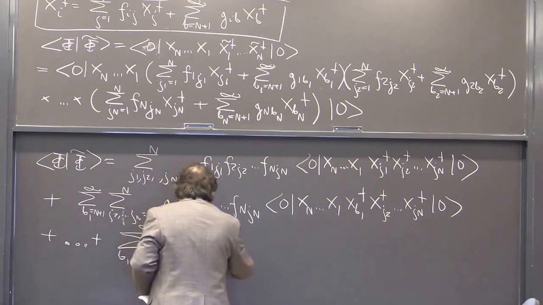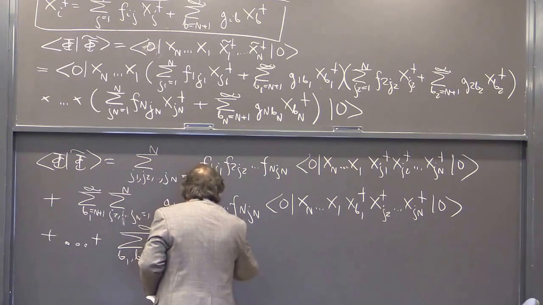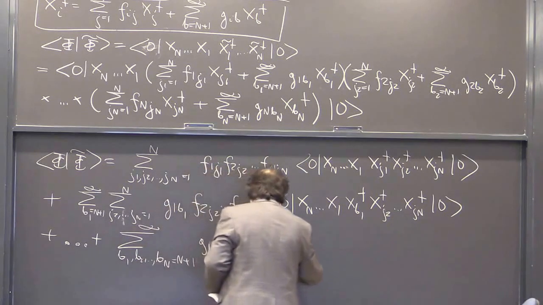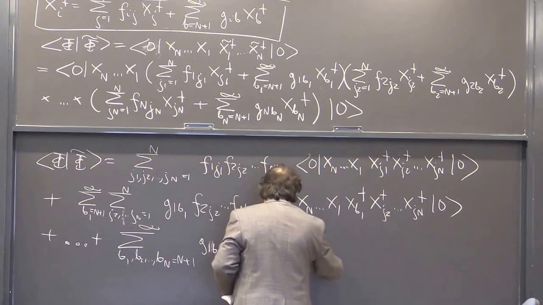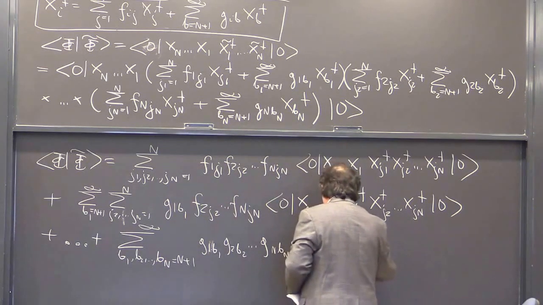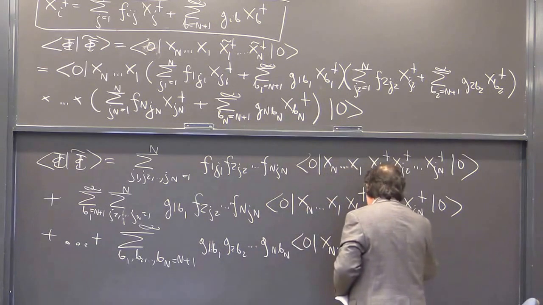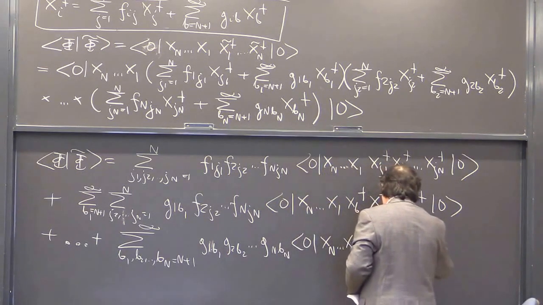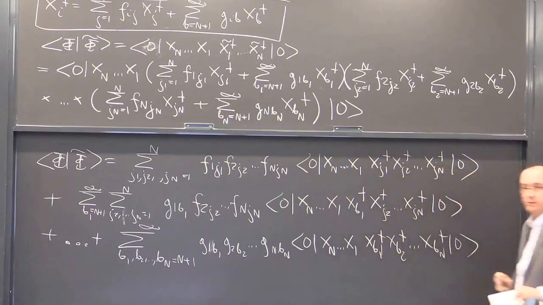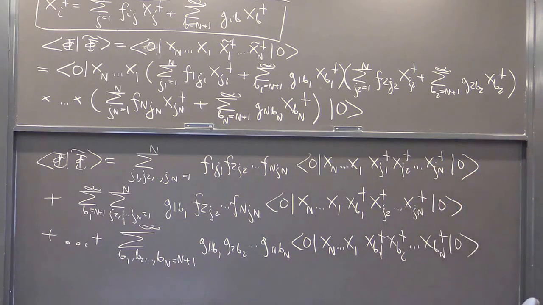Now we have g1 b1, g2 b2 through gn bn, and then we have an expectation value in the true vacuum of xn through x1, xb1 dagger, xb2 dagger through xbn dagger, and closing with the 0. That's what we get.